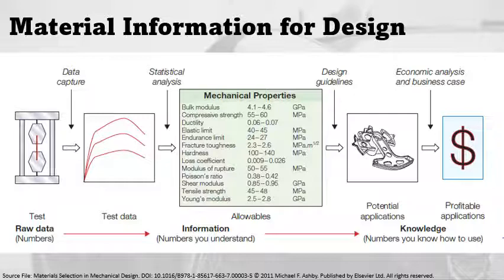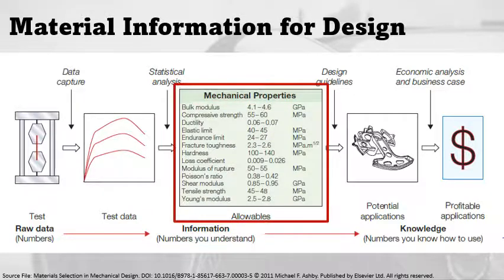We are interested here in the types found in the center of this schematic, which is the structured data for design, or the allowables, and the characteristics of a material that relate to its ability to be formed, joined, and finished, records of experience with its use, and design guidelines for its use.